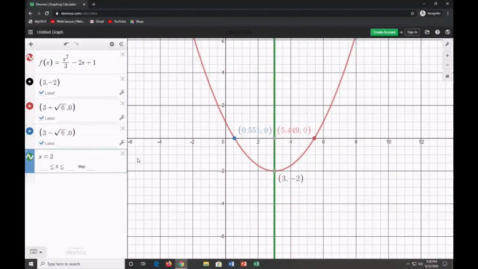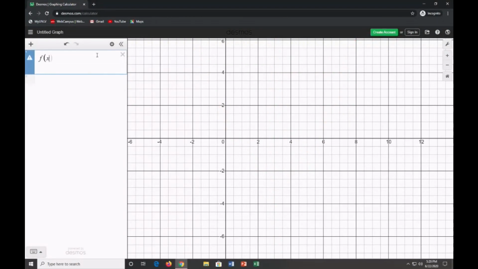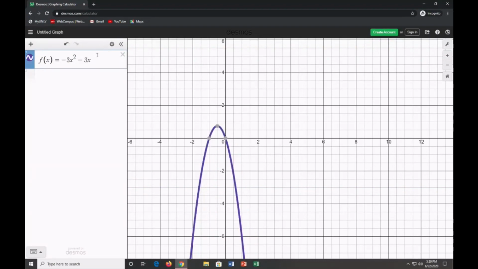Okay, we're back here. Let me clean this up so we can graph this equation. This time our equation was f of x equals minus 3x squared minus 3x plus 1, right?